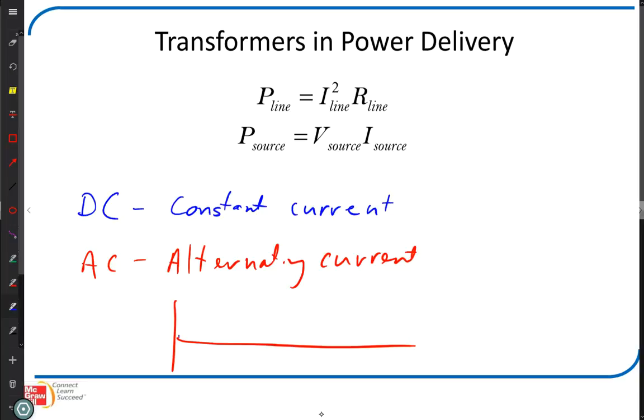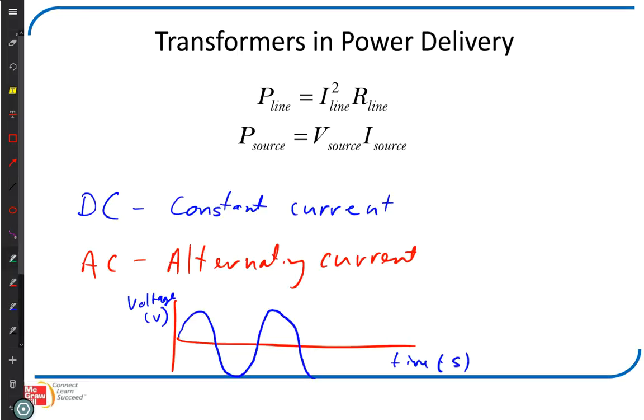And so we would have something like, let's say the voltage as a function of time looks like this. So that's a sine wave. Now, if I have a resistor, what's the current going to look like?